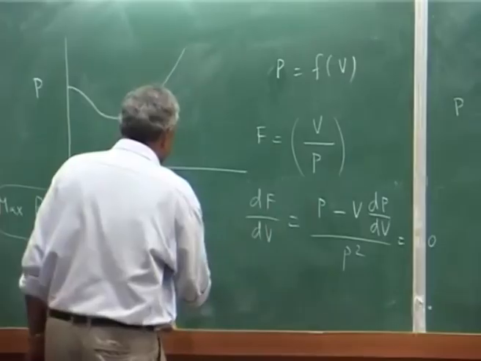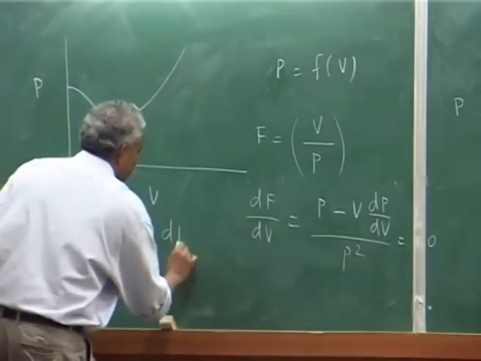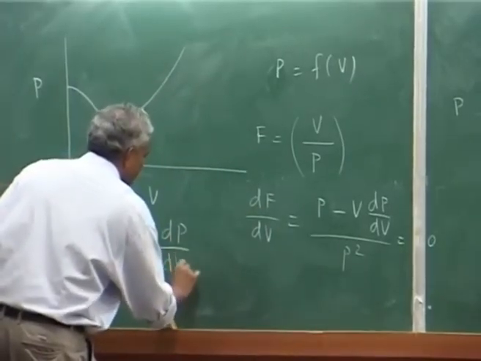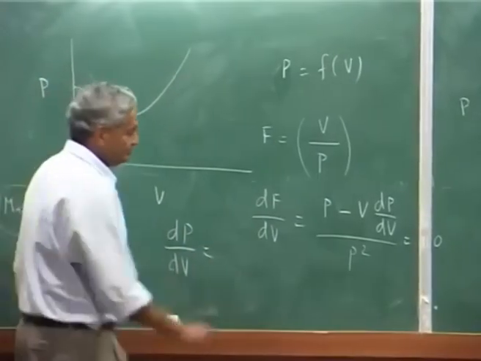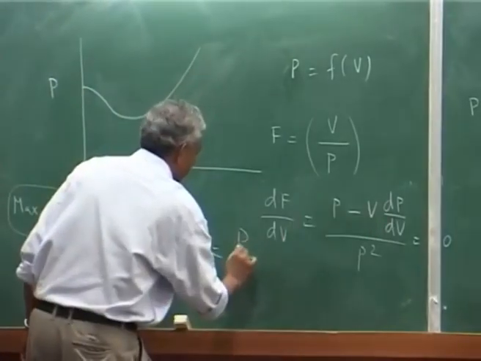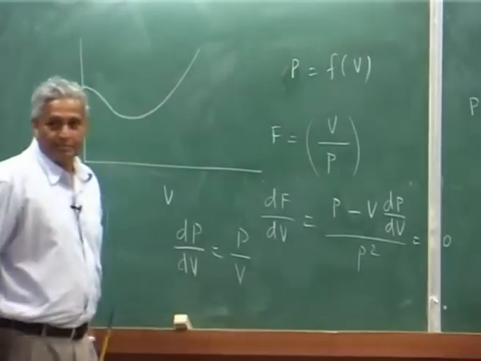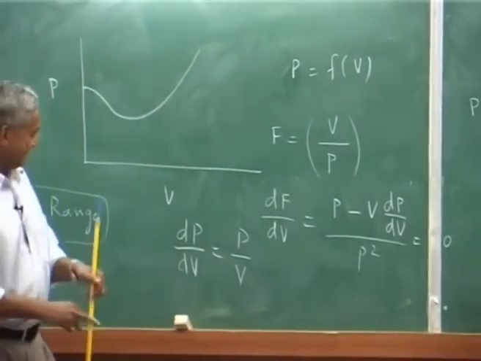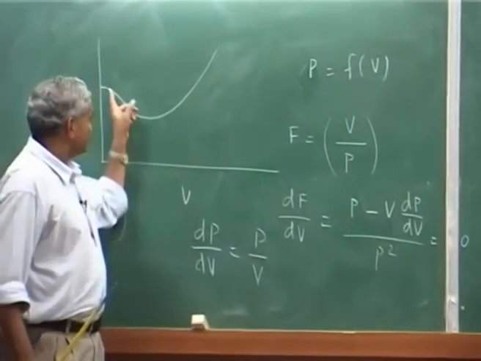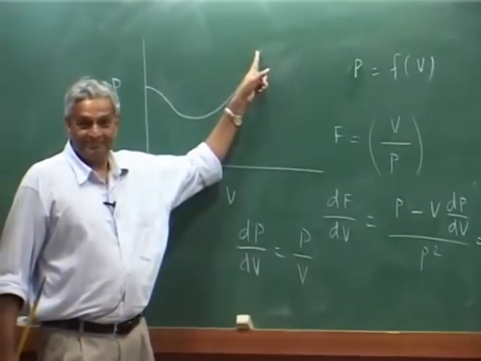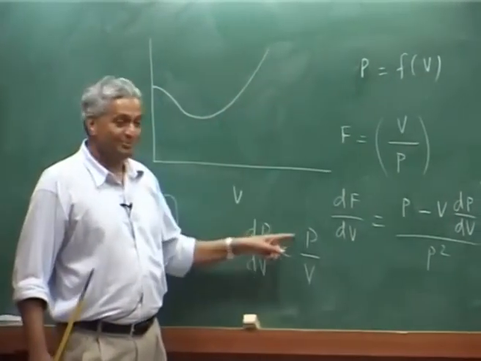That means numerator, dP by dV times V minus P, is 0, right. dP by dV is the slope of this curve. Slope of the curve is basically P over V.